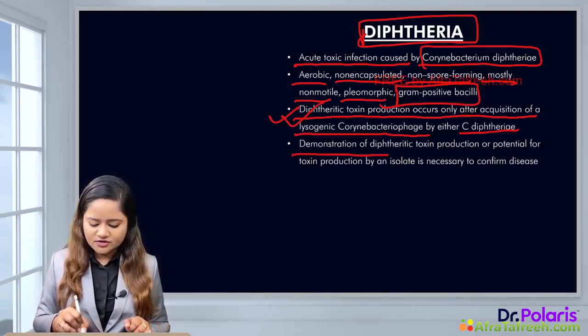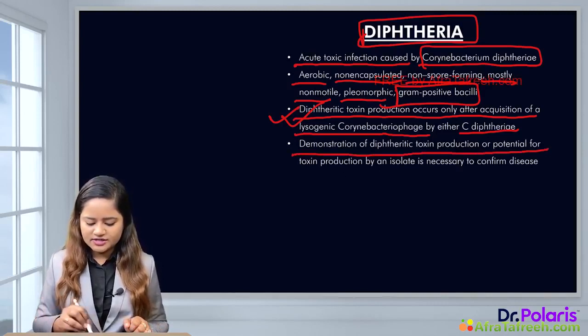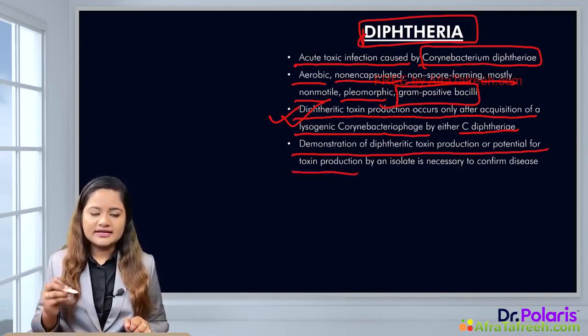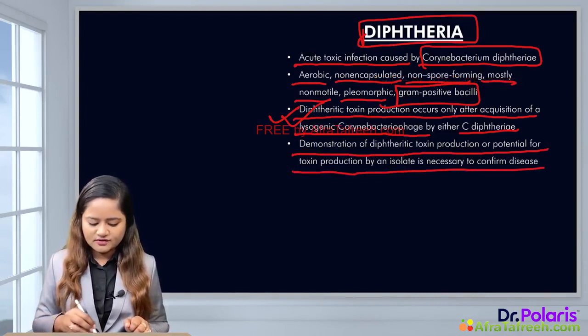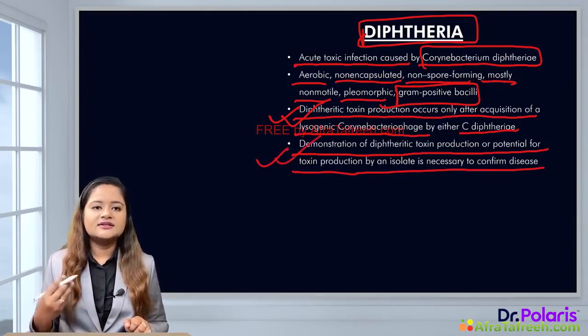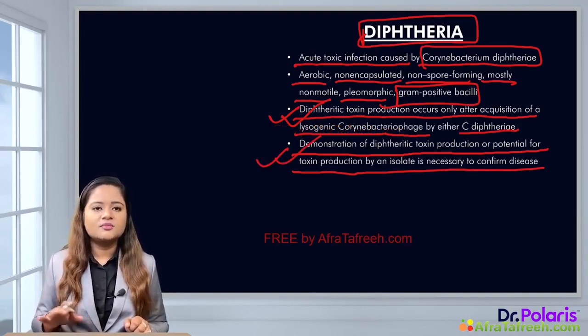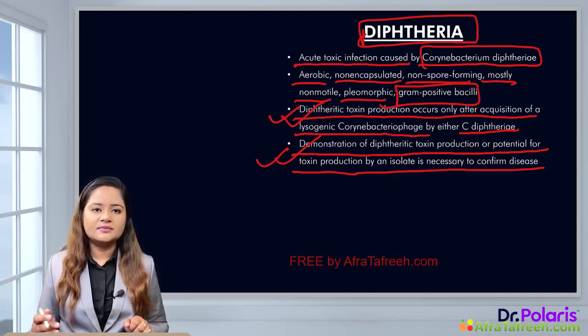The demonstration of diphtheric toxin production, or potential for toxin production, by an isolate is necessary to confirm the disease. So it is important to demonstrate toxin production rather than just the organism in a particular patient.